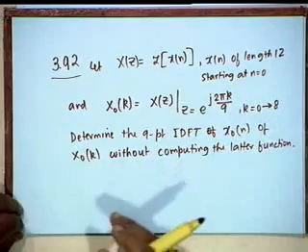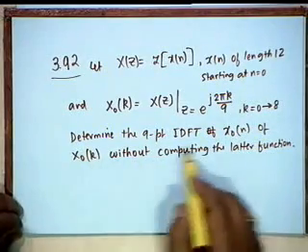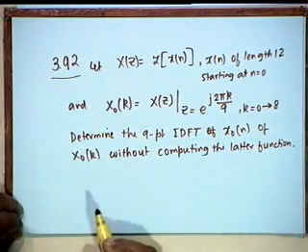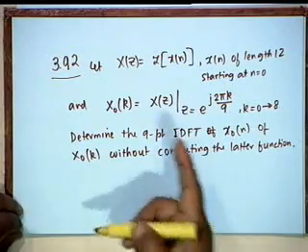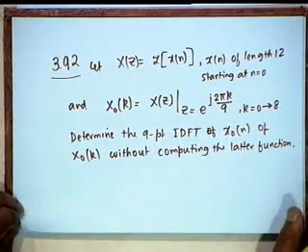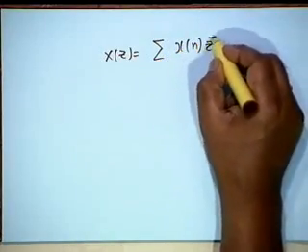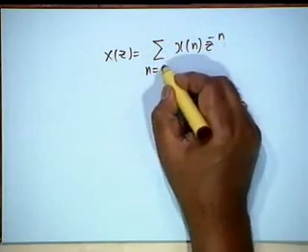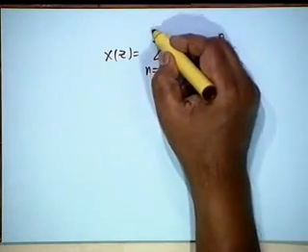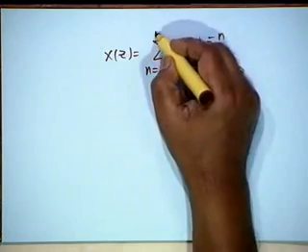Naturally, you shall not get x(n), because this was 12 point and this is 9 point. So you get a different x1(n), that is why x0(n), but you must do this without computing X0(k), which means that we have to appeal to the basics. The basics are that X(z) is equal to the sum of x(n) z to the minus n, n equal to 0 to upper limit 11.